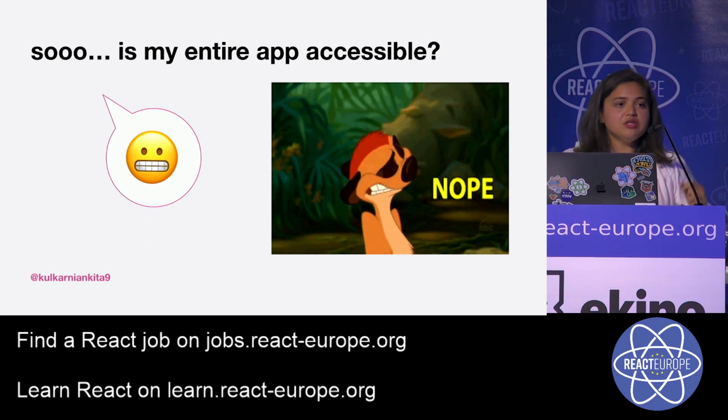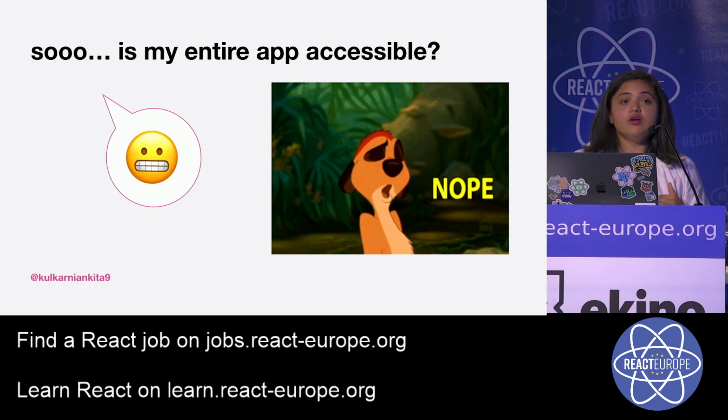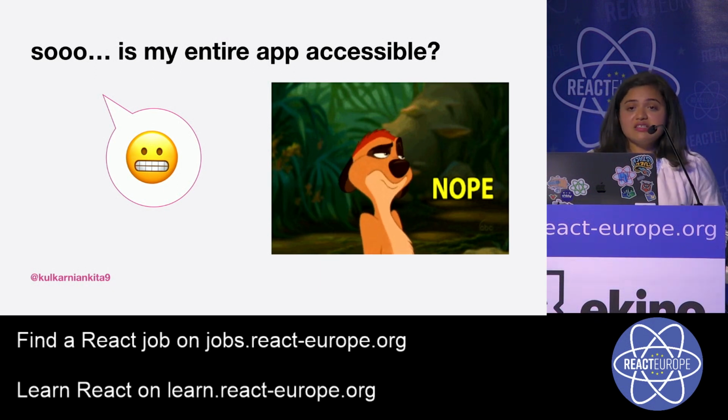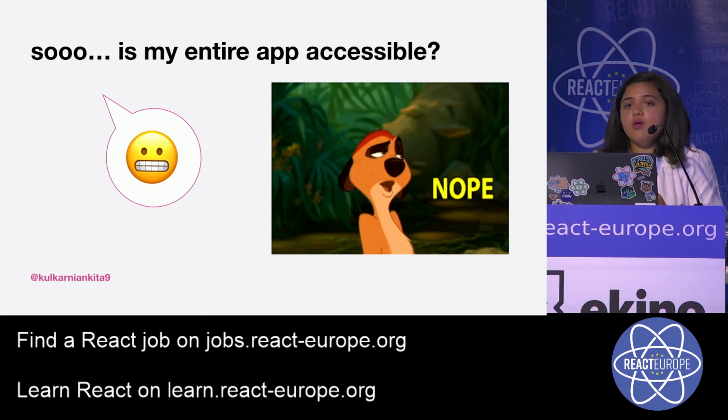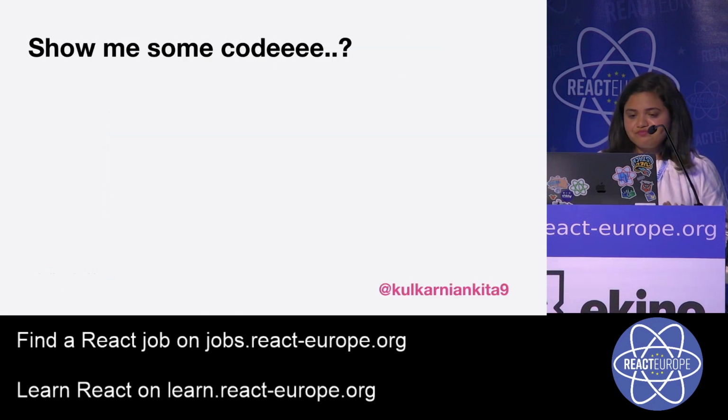Because individual components can be accessible, but try testing them out with different form elements and see if they are still accessible or not, and how you can improve it. What I did in my previous projects is I tried to work with the designers on my team to get their opinion on what kind of labels I can add, how I can make these different components work together, and thus it adds to better collaboration.